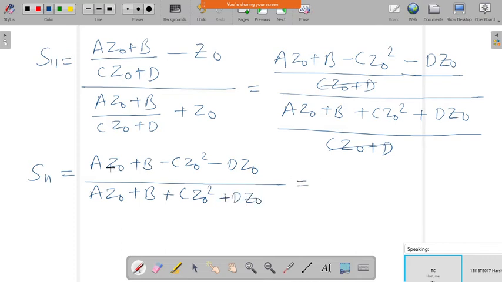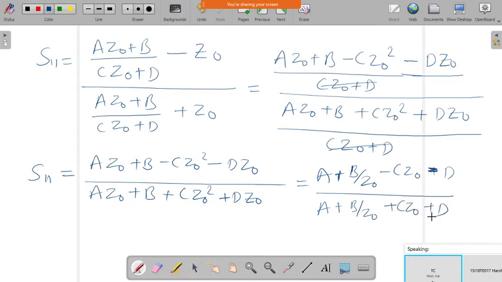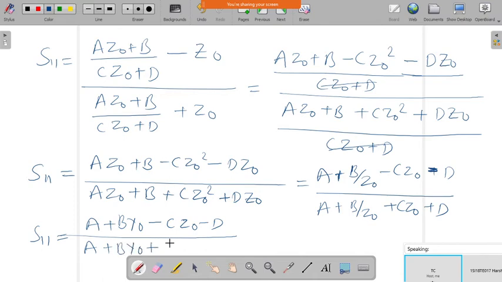Now if I take Z0 common in both numerator and denominator, we get A plus B by Z0 minus C Z0 minus D, divided by A plus B by Z0 plus C Z0 plus D. So we can define S11 in terms of ABCD parameters, writing 1 over Z0 as the admittance Y0, as A plus B Y0 minus C Z0 minus D, divided by A plus B Y0 plus C Z0 plus D. This is the equation for S11 in terms of ABCD parameters.